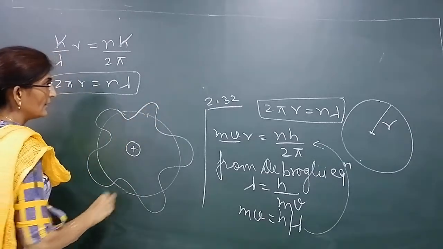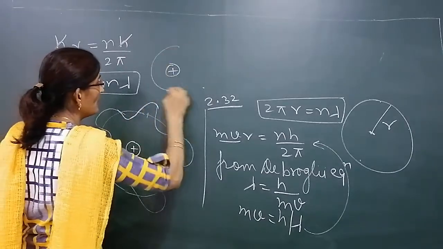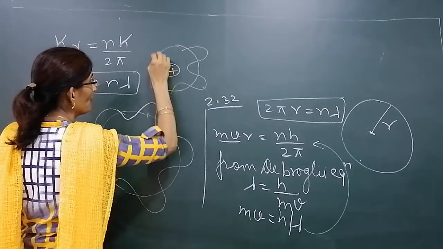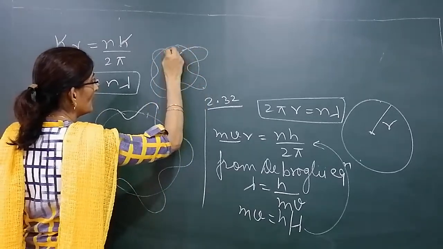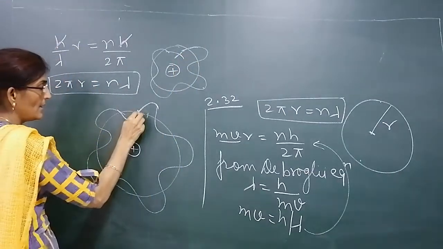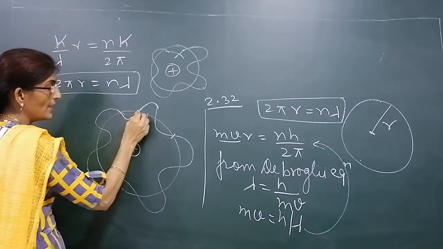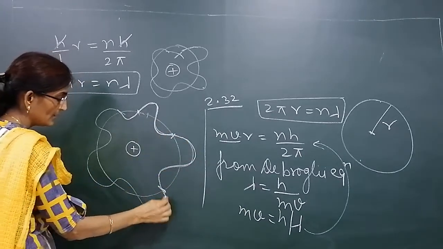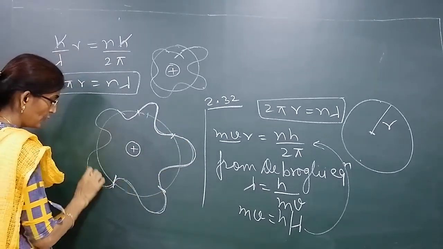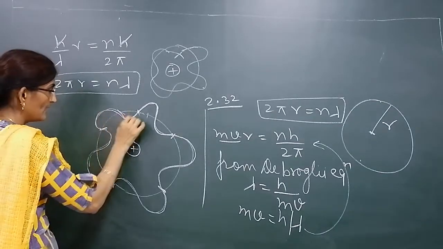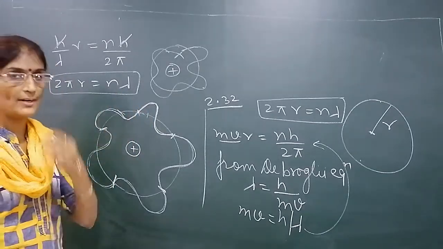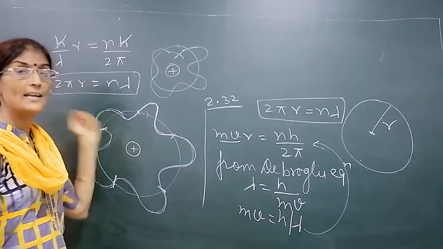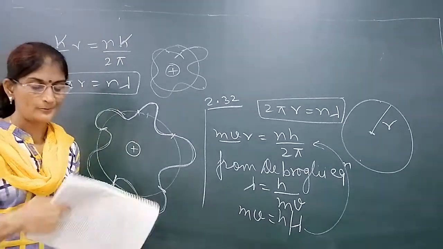The electron cannot move out of phase like this. It should be an integral multiple of wavelength. See, this is 1, 2, 3, 4, and 5. So how many waves in this orbit? 5 waves. So always the circumference of the orbit is an integral multiple of wavelength lambda.